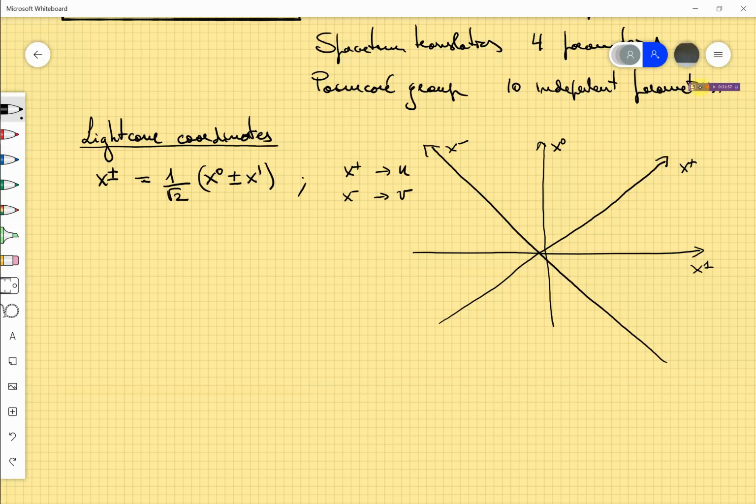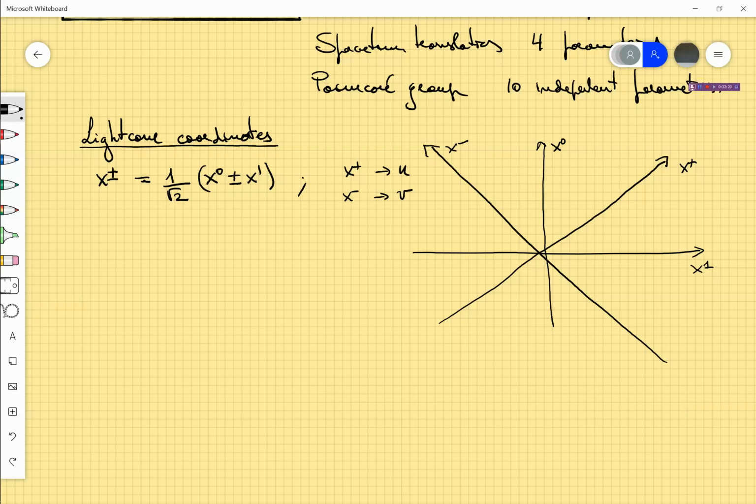You locate the axis x minus at the point x plus equal to 0. So x plus is equal to 0 when x0 is equal to minus x1.